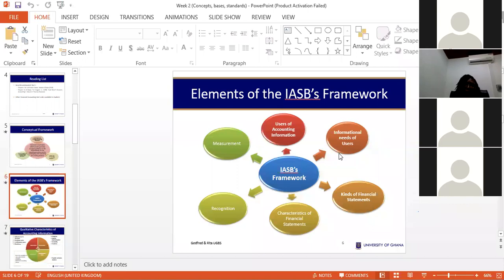So every user has their information needs satisfied in there. Depending on what you want, you would always get it in there. So the framework agreed on what their user needs are in order to determine what information we should report and present out there.